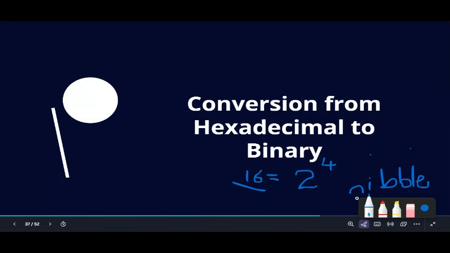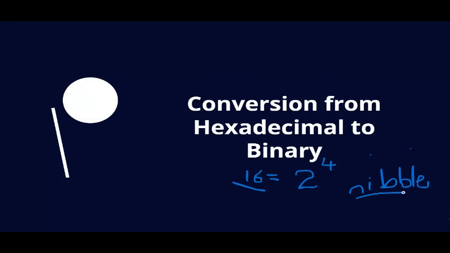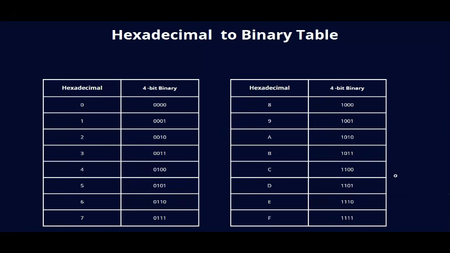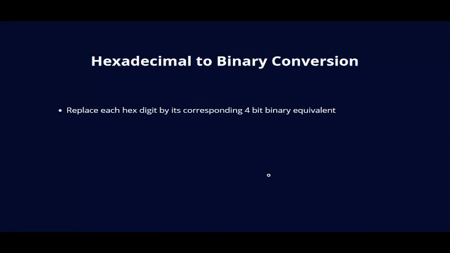Such a 4-bit group is called a nibble. This is the hexadecimal to binary conversion table, which shows the hex digits and their 4-bit binary counterpart. For hexadecimal to binary conversion, each hex digit is replaced by its 4-bit binary equivalent.